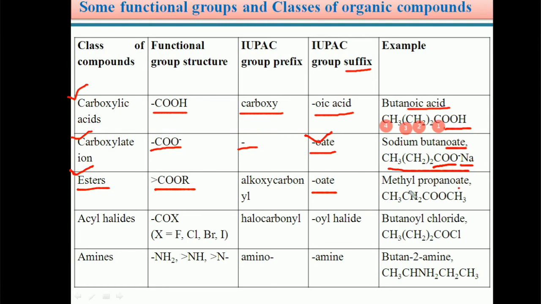In methyl propanoate, you can give numbering 1, 2, 3. There is a direct bond between 3 carbon atoms, and a methyl group is present in this compound, which is connected with oxygen only. There is no direct bond between this methyl group and the first carbon.